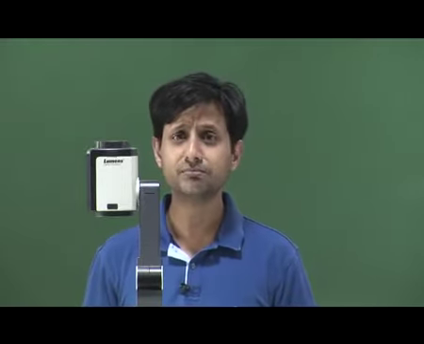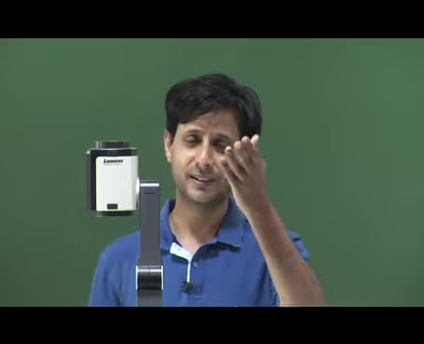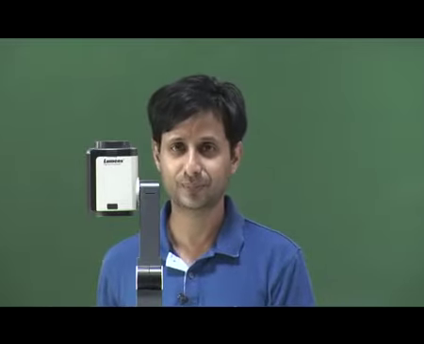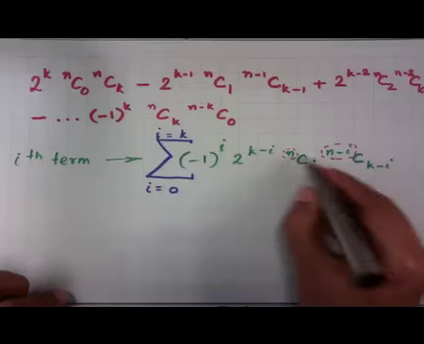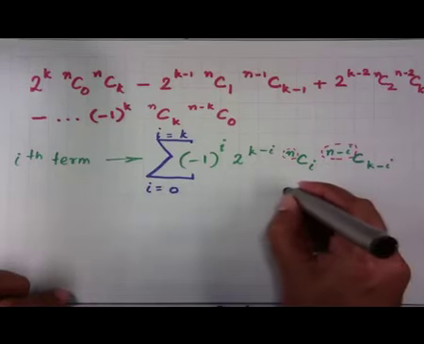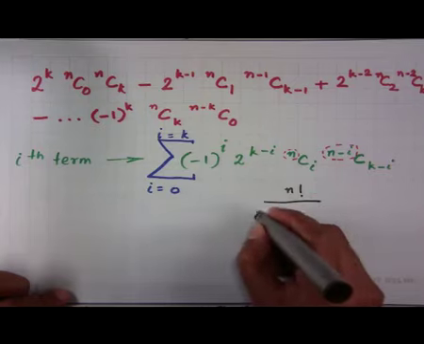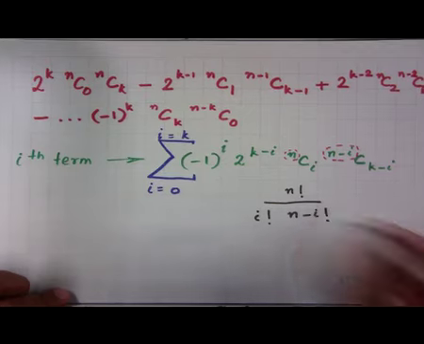What do you do? You are going to expand the nCi n minus i C k minus i. If you do not know how to do it, expand it. So, nCi is factorial n by factorial i and factorial n minus i.